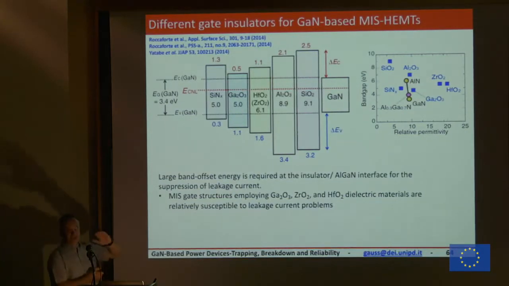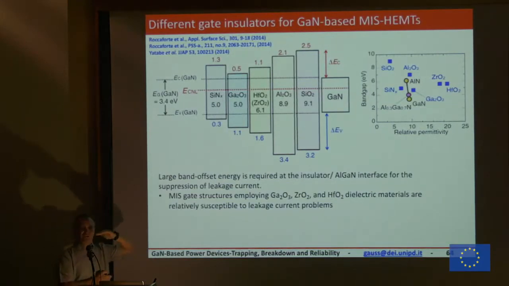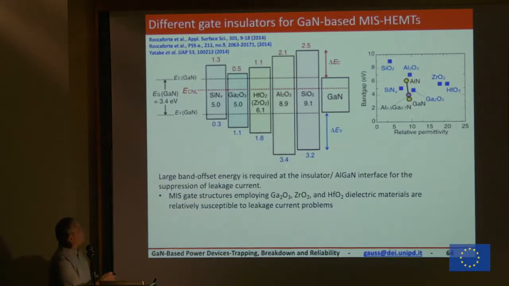It is good that we have seen all the good properties of the in-situ silicon nitride for stabilizing the surface. This is perfect. But then for having the insulating layer under the gate, I need something else. Today, it looks like the best compromise is aluminum oxide, which has a very wide equivalent band gap, with a reasonably good delta EC that prevents electrons from spilling over from the GaN.